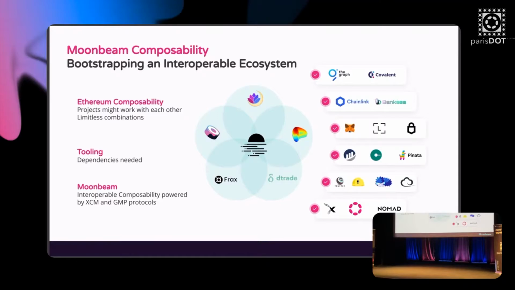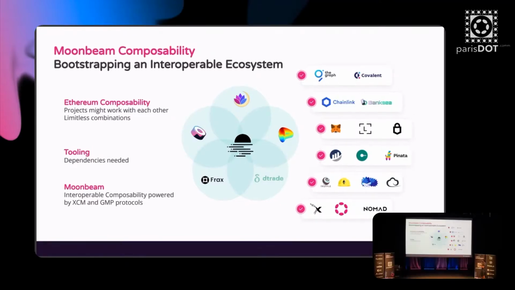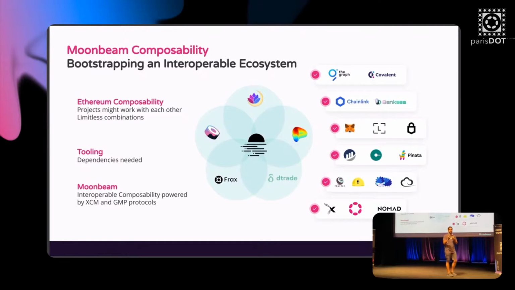But we also leverage, and we're quite focused right now on leveraging, message passing protocols such as Axelar or Nomad to communicate with blockchains outside of the ecosystem. And so that's why I like to say that in Moonbeam you will find interoperable composability that will leverage both XCM and GMP, which is general message passing protocols.